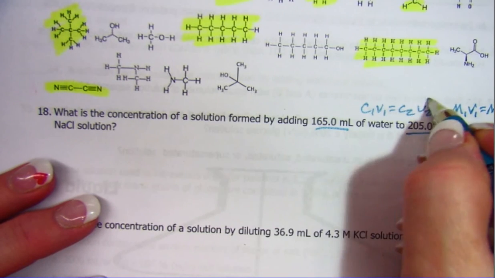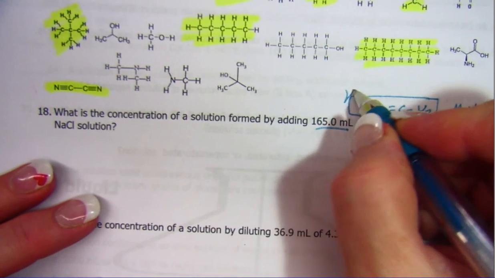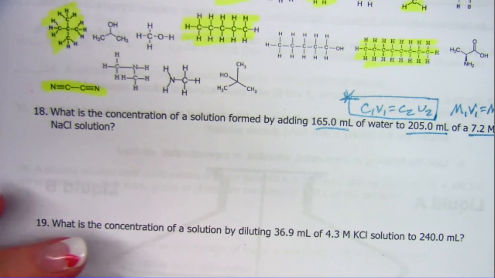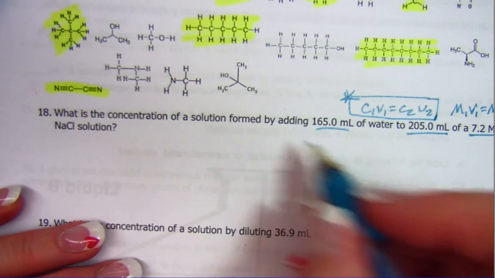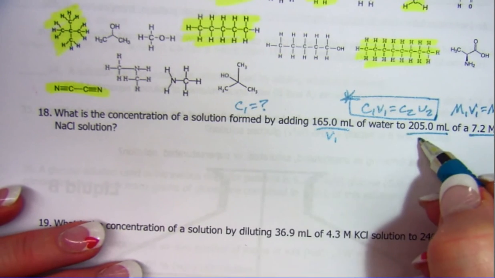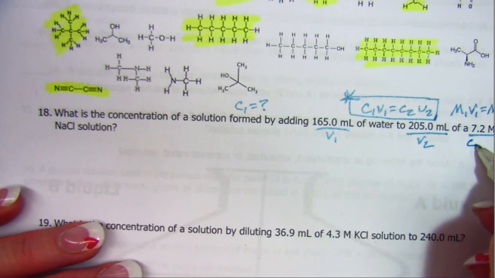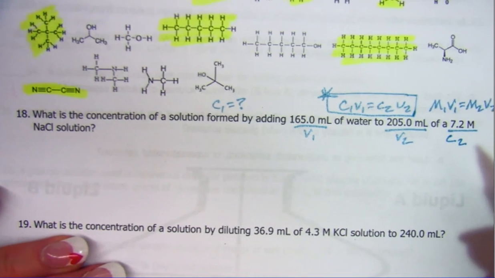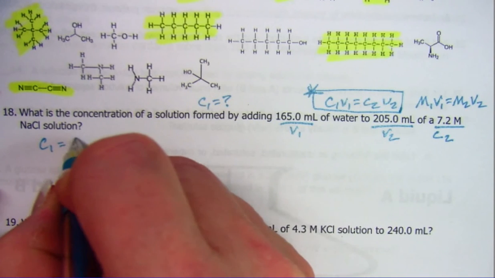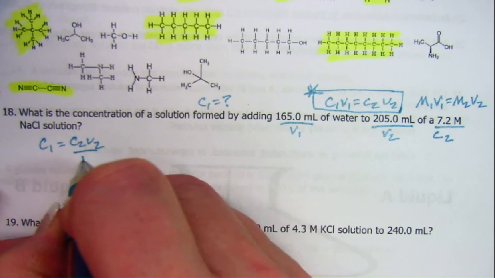But remember this equation more because it goes with percent, it goes with parts per million, it goes with many other things. So we are solving for C1. We don't have C1. We have V1, we have V2, and we have C2. So plugging in, we just go C1 is equal to C2 V2 divided by V1.